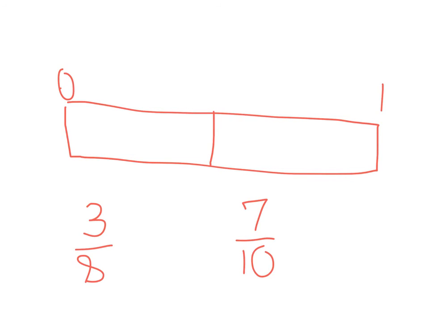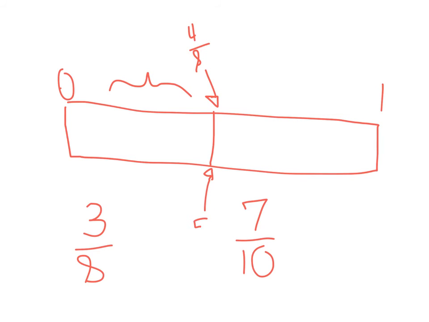Which one would be larger? Well, you have to ask yourself, is it closer to 0 or is it closer to a half? What's half of 8? 4, right? So for it to be right there, 4/8 would be right in the middle. 3 is less than 4. So clearly 3 must be somewhere in here. 3/8. It's less. What's half of 10? 5, right?